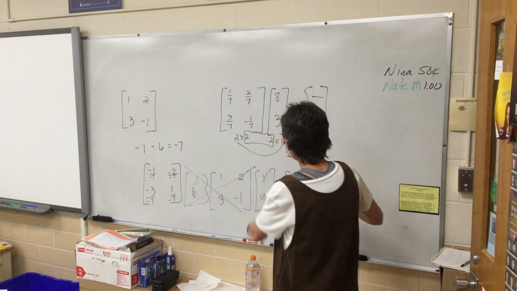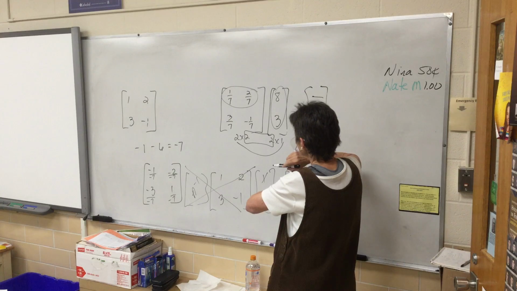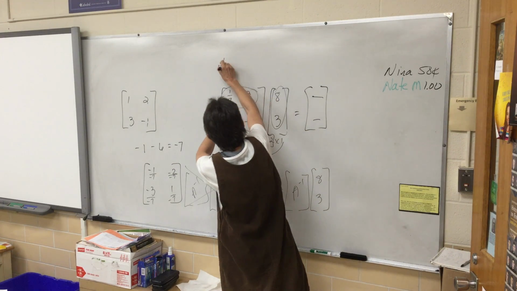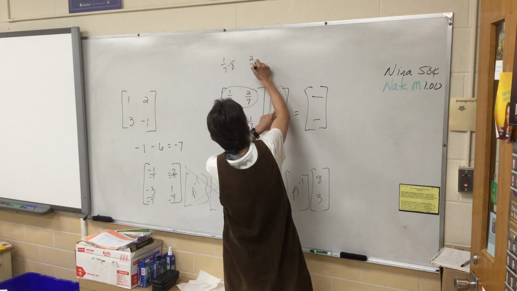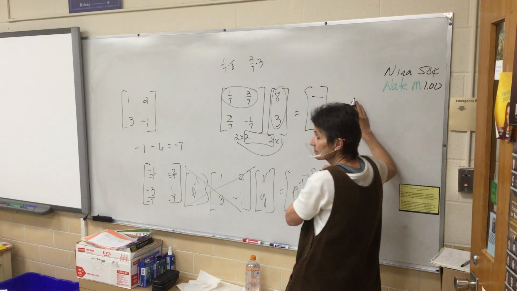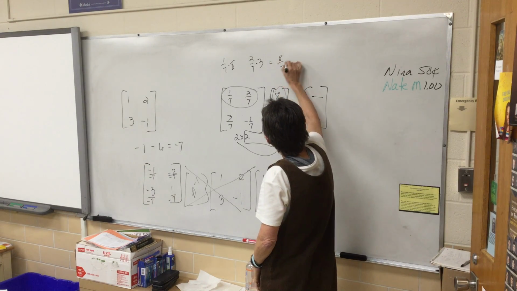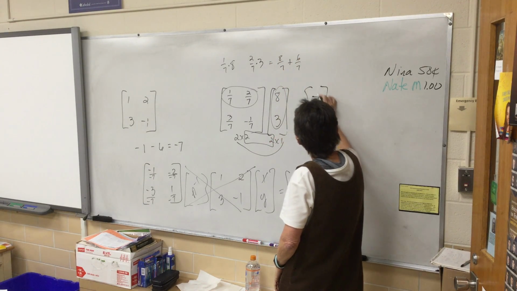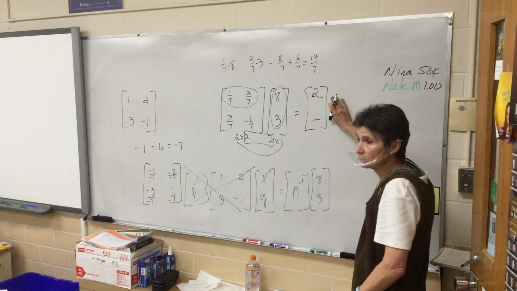So when I multiply first row, first column, I'm going to multiply 1/7, 2/7 times 8 and 3. So that's 8/7 plus 6/7, which is 14/7 or 2.